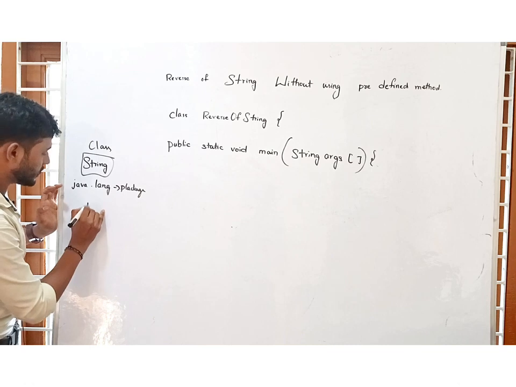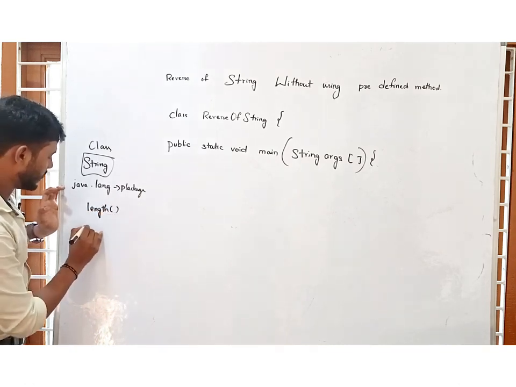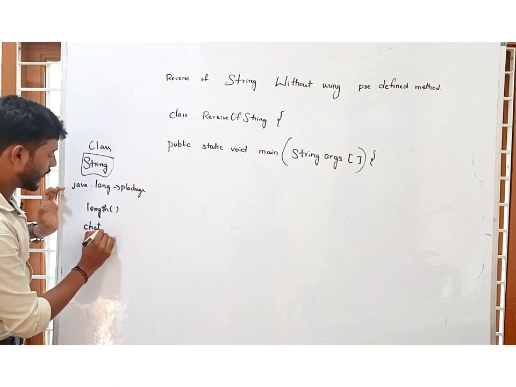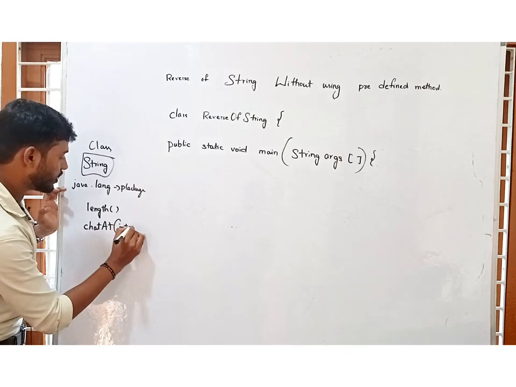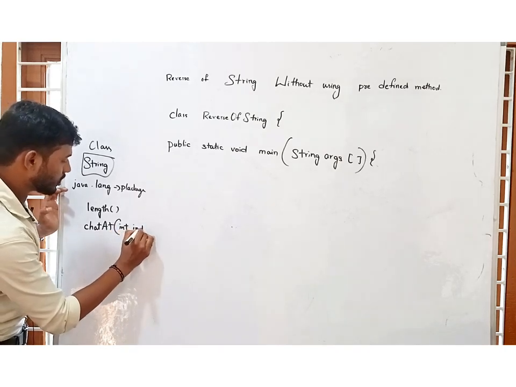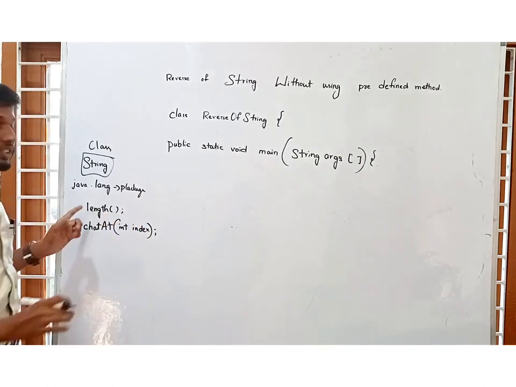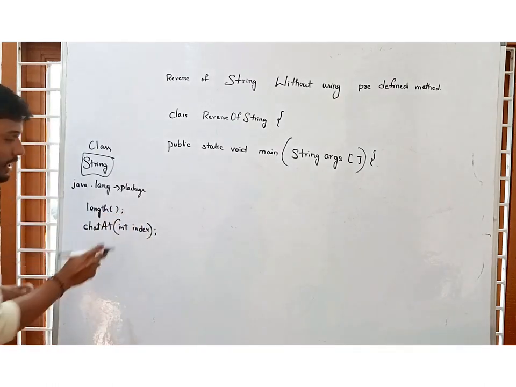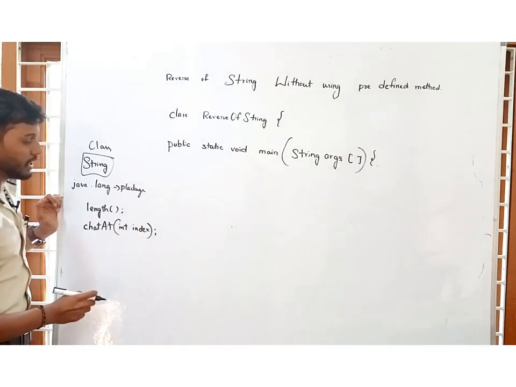The method names are length and charAt. The charAt method is not without parameter; the parameter is int, and it contains the index values.